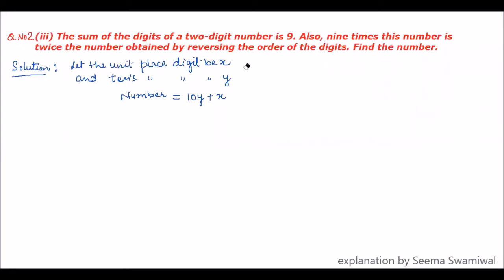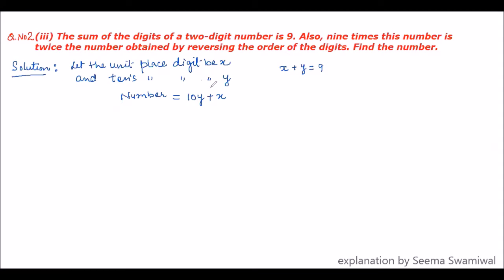He is giving that the sum of the digits of a two-digit number is 9. So according to the question, children, the sum of the digits is equal to 9. Therefore, you got the first equation as x plus y is equal to 9.